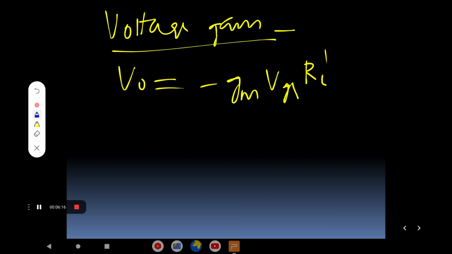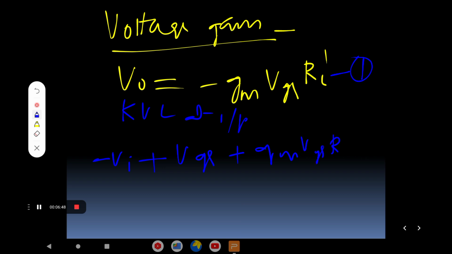Now we will get the KVL at the input side. What is the KVL formula at the input side? This is the one equation. Let it be taken, KVL at the input side. What is the input current? That is minus VI, input current, plus VGS plus GM VGS into RS, which is equal to 0.